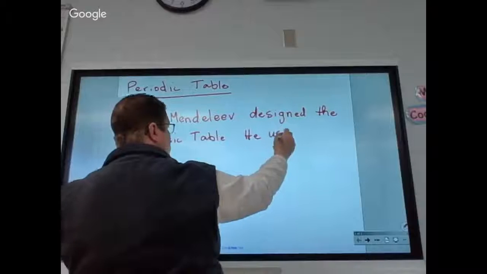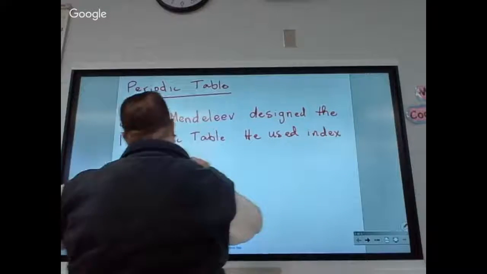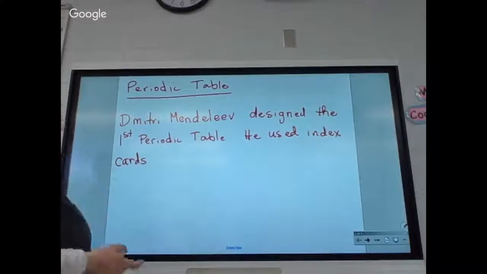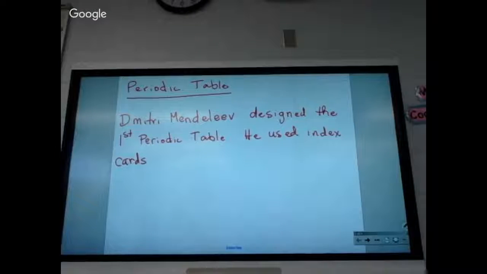He used index cards. Now, were these real index cards the way we know them? Probably not. I'll be honest. They were probably not index cards the way we use them. But for lack of another example that you can relate to, we're just going to call them index cards, okay?